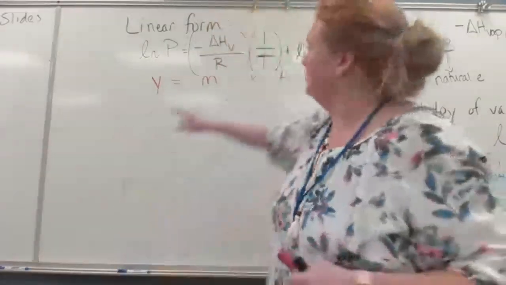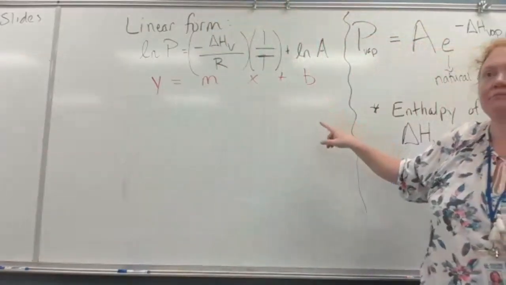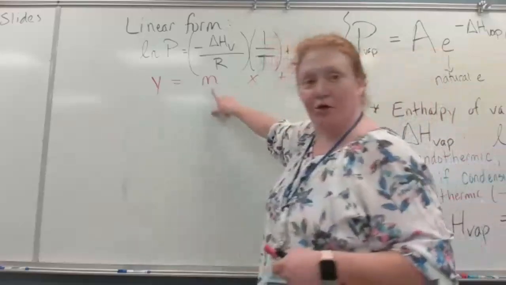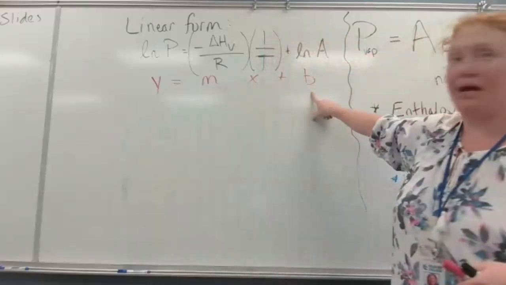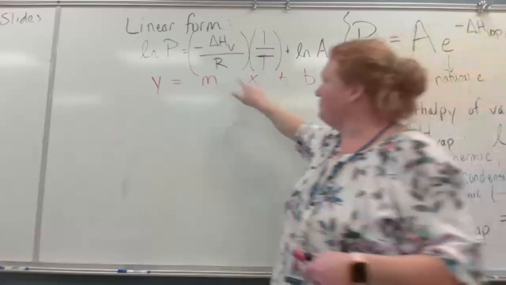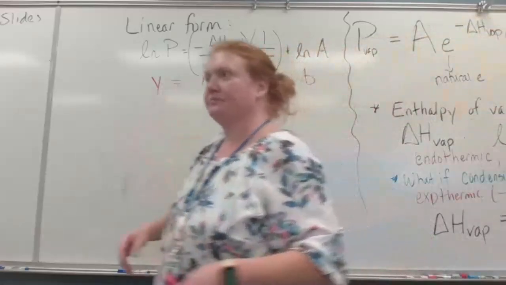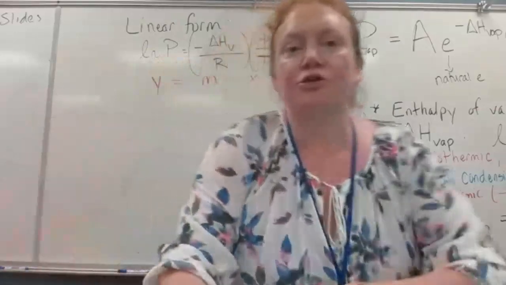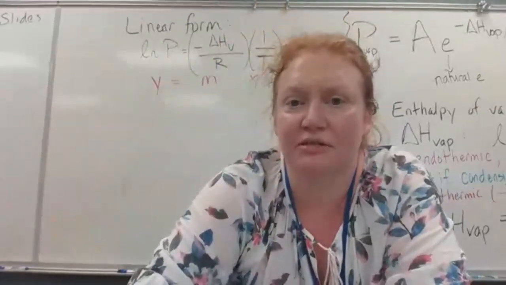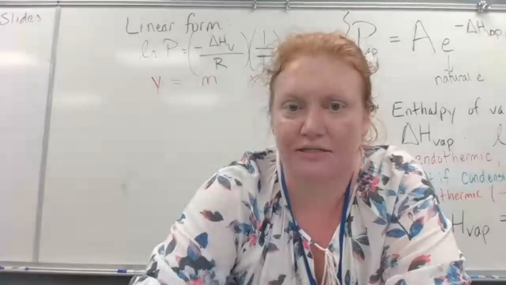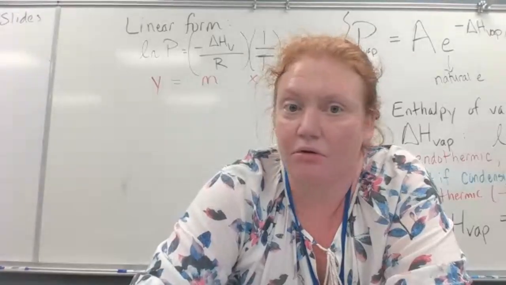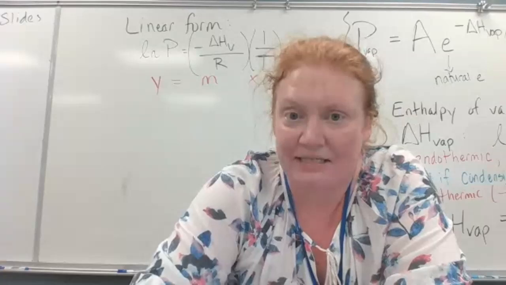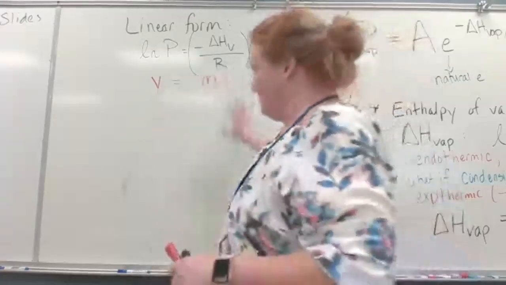And if I give you the equation of the line, where you have the slope and the y-intercept, you can figure out T or P. You can figure out y or x. So let's look at this example I gave you. Notice on the y-axis, what is on the y-axis in this situation?